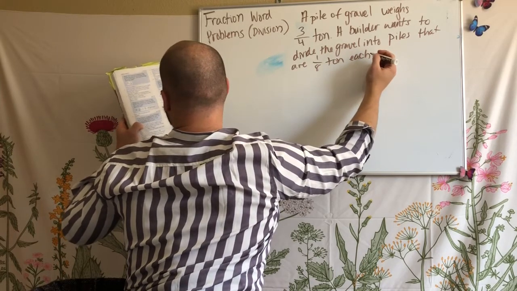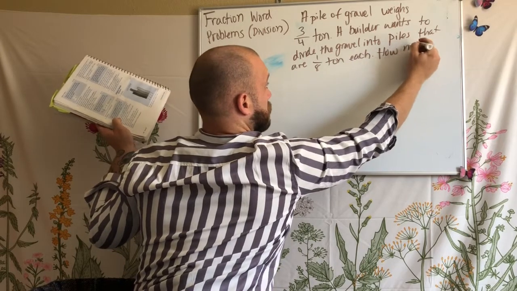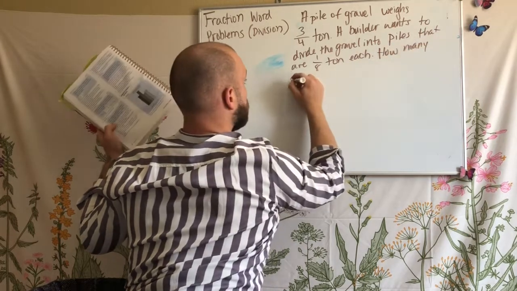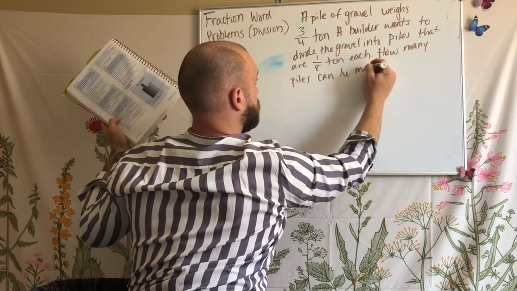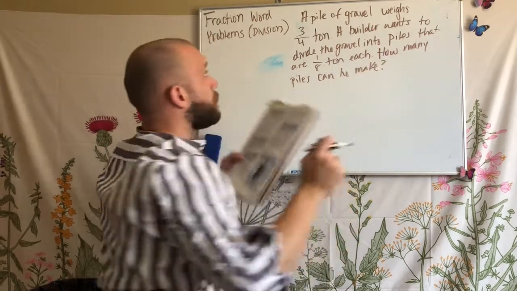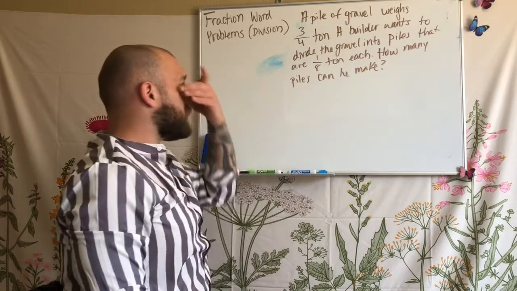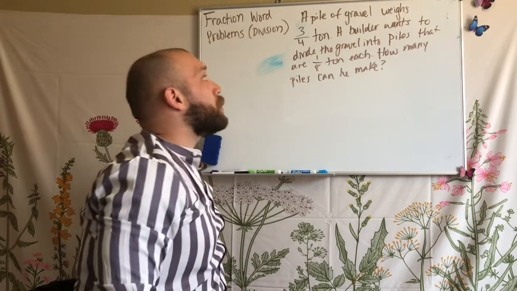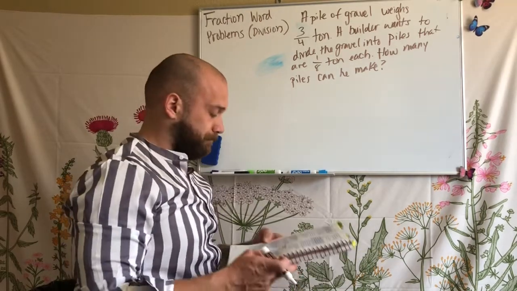How many of these piles will he be able to make? So, a pile of gravel weighs 3/4 ton. A builder wants to divide the gravel into piles that are 1/8 ton each. How many piles can he make?